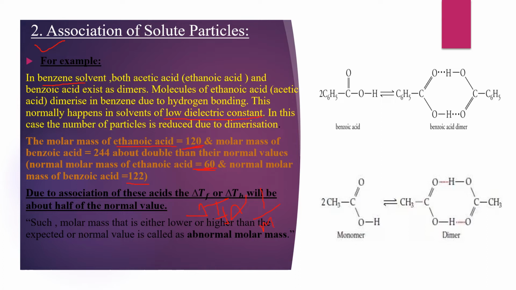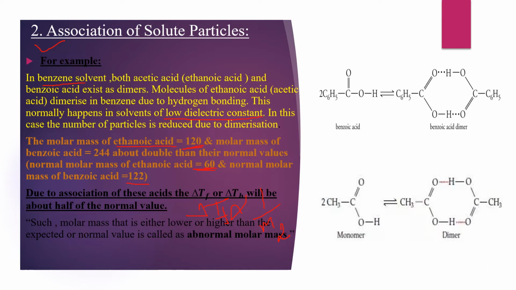We have already discussed in our previous videos that for all four types of colligative properties, we derived the formula which shows the relation between colligative property and molar mass of solute.